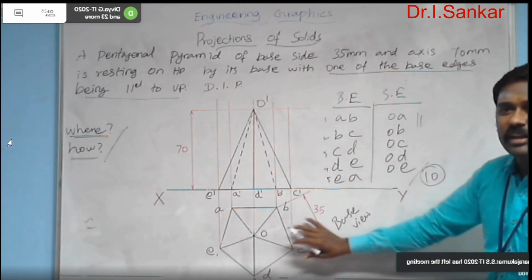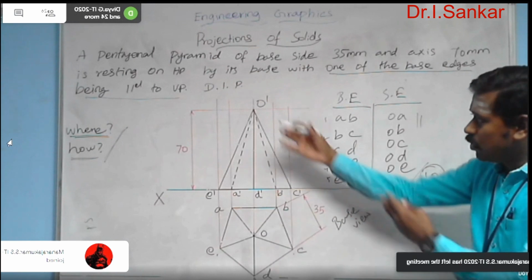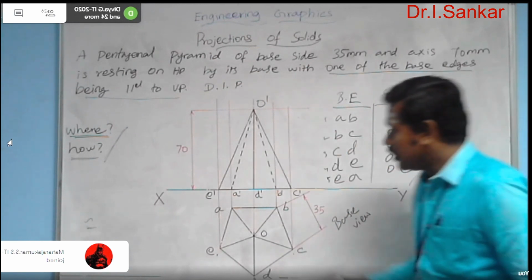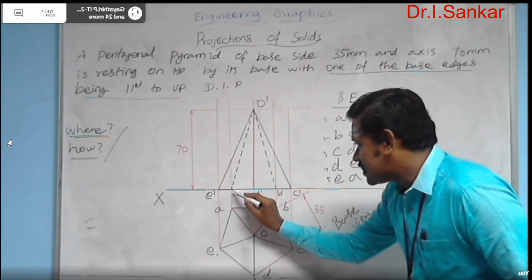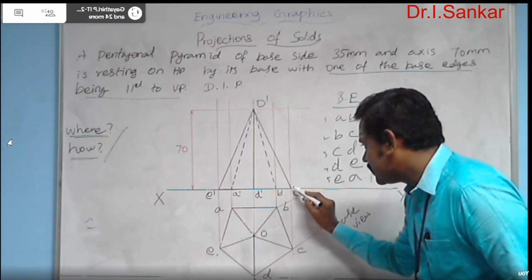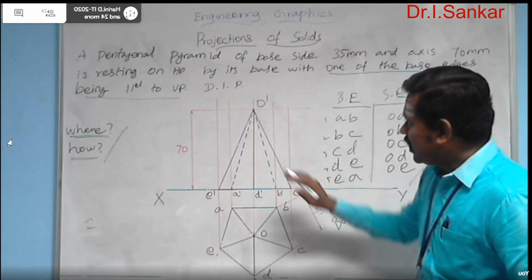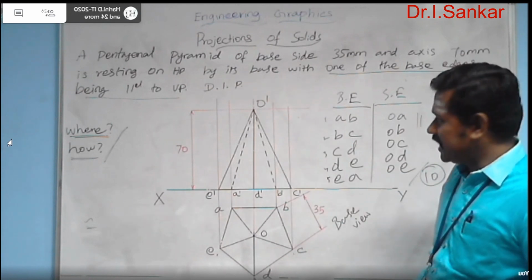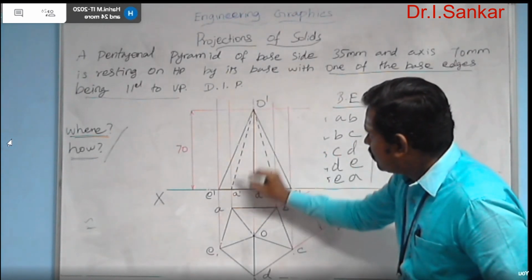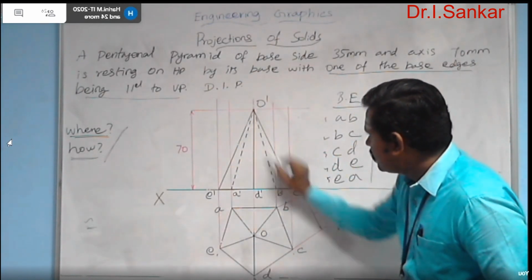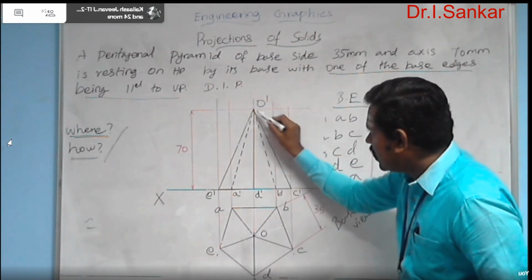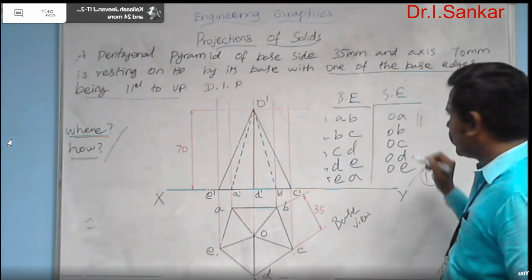I have covered 10 edges in the top. Now calculate for the front view. Here the base edges AB, BC, CD, DE, EA are there, and the side edges OA, OB, OC, OD and OE. All 5 side edges are also covered.